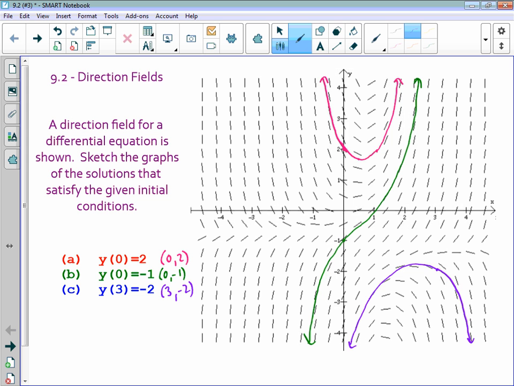So I'm getting something that looks about like that. Is that what you guys got? Okay, it's okay if it's a little bit off. Any questions on how to do that?